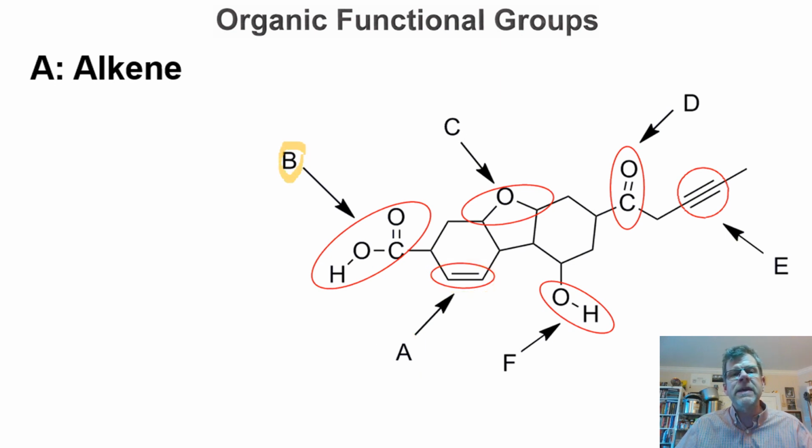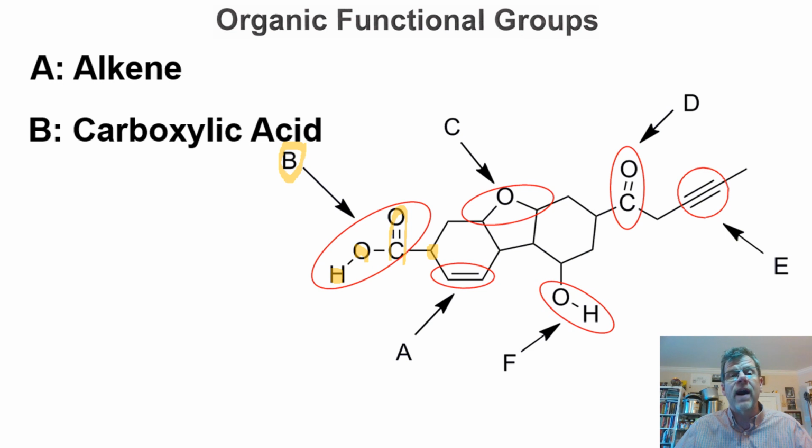Well, what about B? In B we have a carbonyl carbon flanked on one side by a hydrocarbon carbon, written in line form, and on the other side by an oxygen connected to a hydrogen. That is diagnostic structure for a carboxylic acid. And we're just going to run through all of the rest of these.